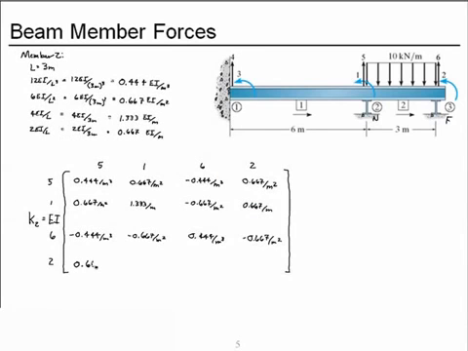So 0.667 over meters squared is the 6EI over L squared, then 2EI over L is 0.667 over meter, then the minus 6EI over L squared, and then 4EI over L. And now let's check that our diagonal is all positive.